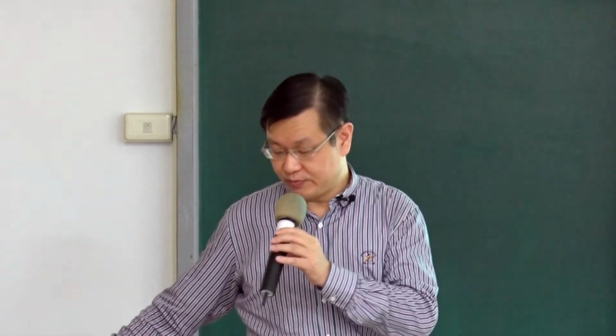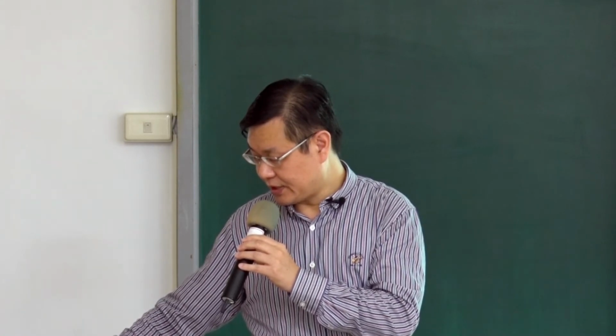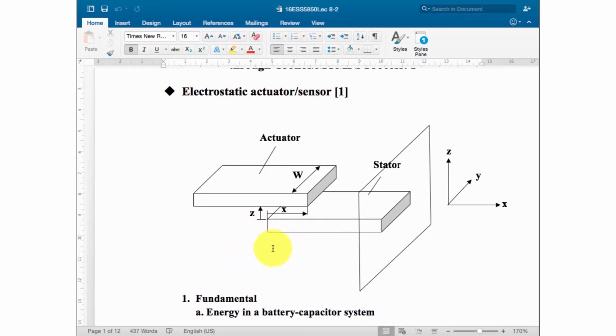But in constant voltage mode, that will be different. In constant voltage mode, we connect a battery onto these two plates. So when you move the plate, the charge status will change as well. If you apply the constant voltage mode, you can find that if you move in the X direction, the force is the same. The force does not change.